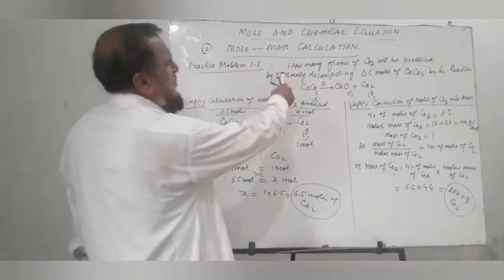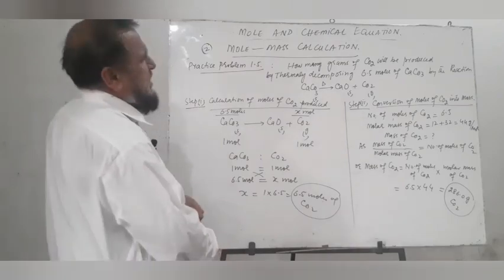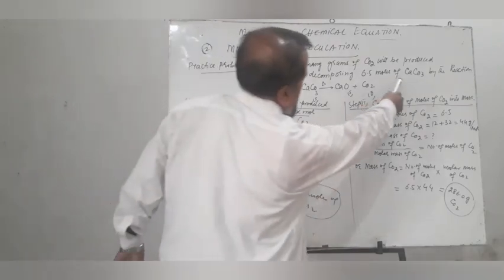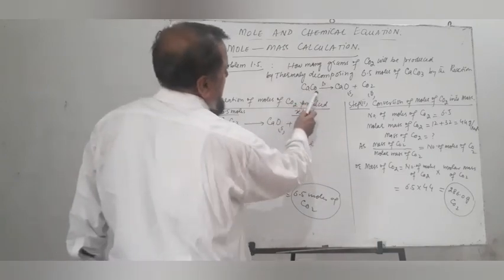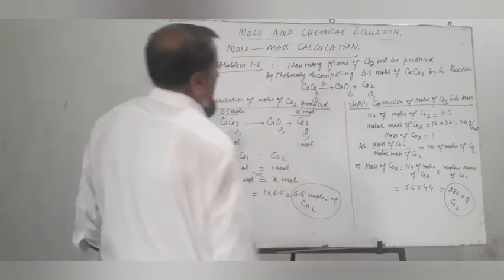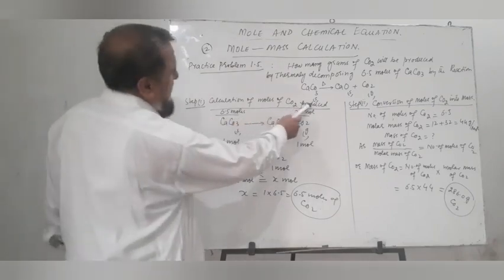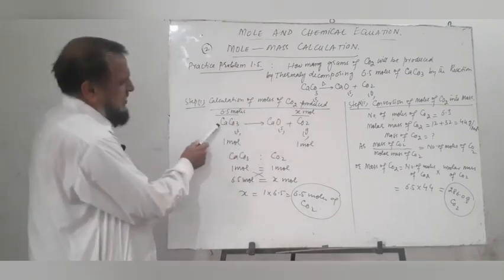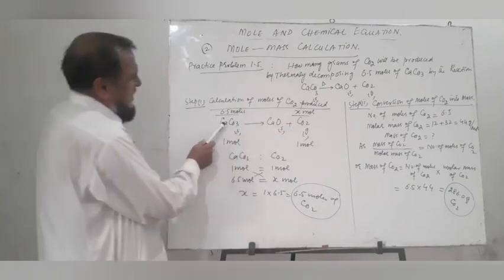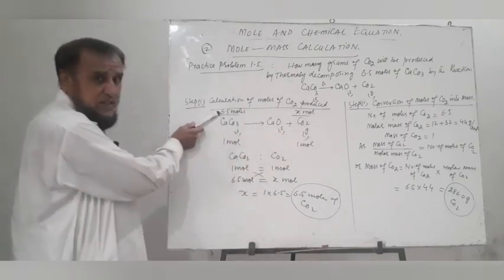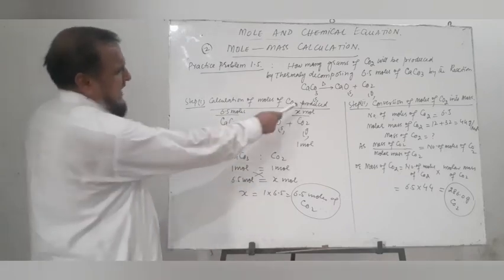The question is how many grams of carbon dioxide will be produced by thermally decomposing 6.5 moles of calcium carbonate by the reaction calcium carbonate, heat, gives calcium oxide solid plus carbon dioxide gas. Now first step is calculation of moles of carbon dioxide produced. The balanced equation is CaCO3 gives CaO plus CO2. The given number of moles of calcium carbonate is 6.5 and we have to calculate the moles of CO2, which is x moles.